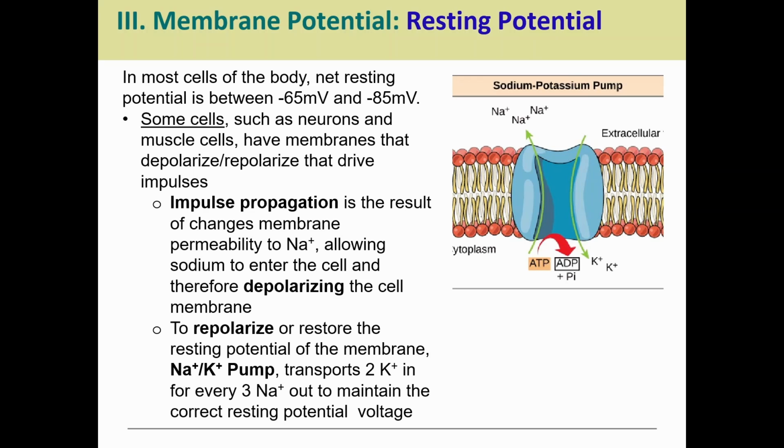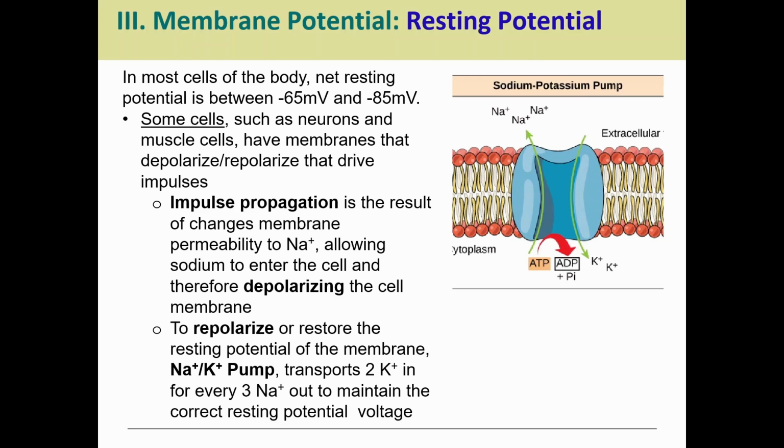Some cells, like the neurons and muscle cells, are going to go through a process where they'll actually shift from negative to positive. So for example, if we are a neuron, we'll shift from negative 70 up through negative 55 up to positive 35 millivolts. And that's for the depolarization and repolarization process that allows for that impulse to be sent, right?